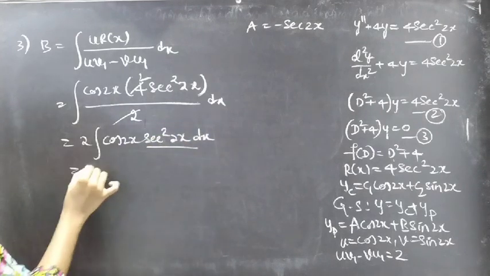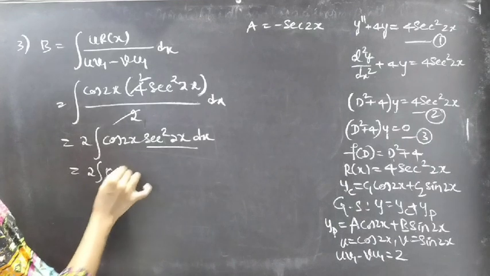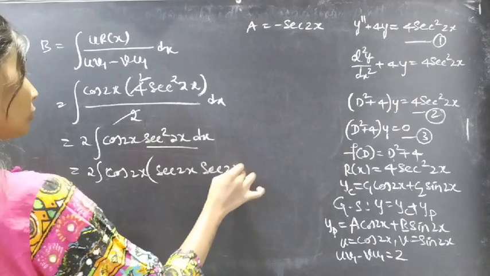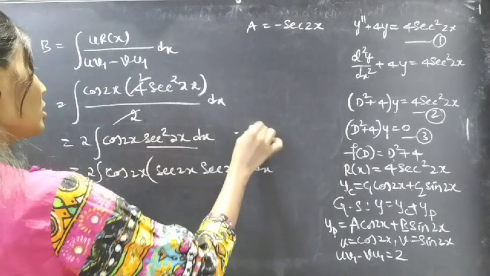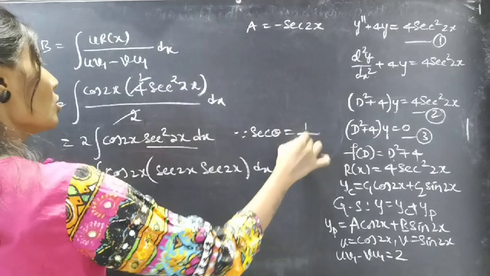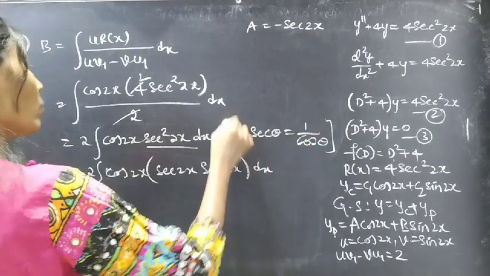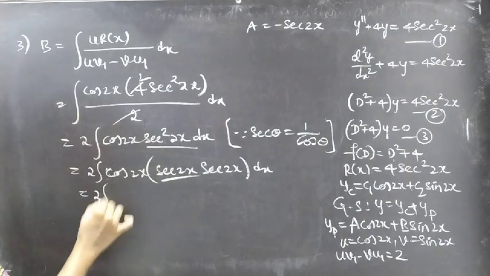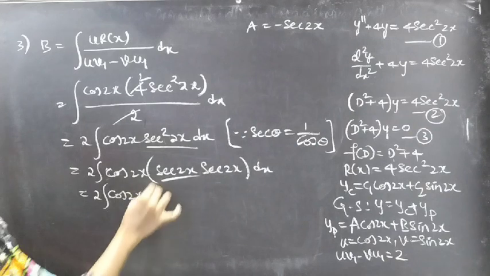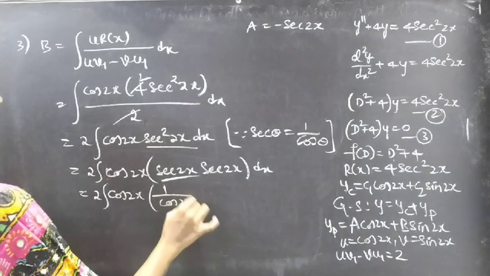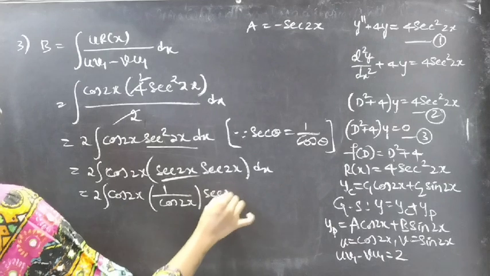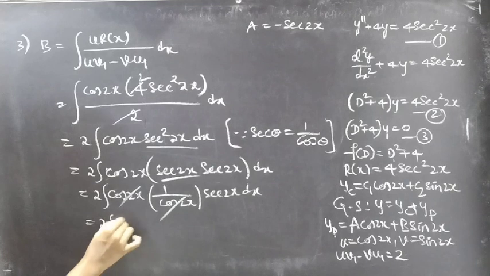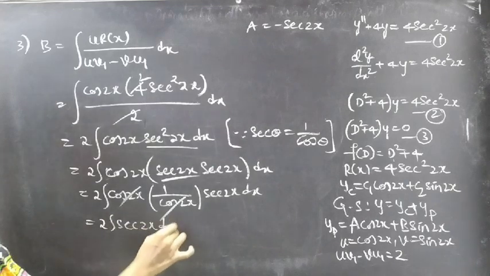We can write secant square 2x as secant 2x into secant 2x. Since we know that secant theta is reciprocal of cos theta, we can replace one secant 2x with reciprocal of cos 2x. So you'll get 2 integral cos 2x into reciprocal of cos 2x into secant 2x dx, where cos 2x gets cancelled and this is equals to 2 integral secant 2x dx.